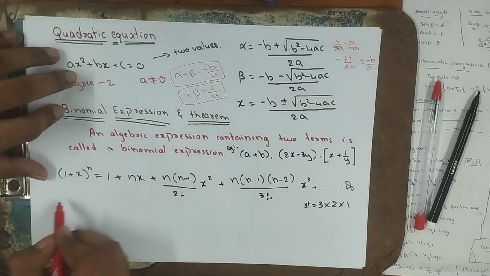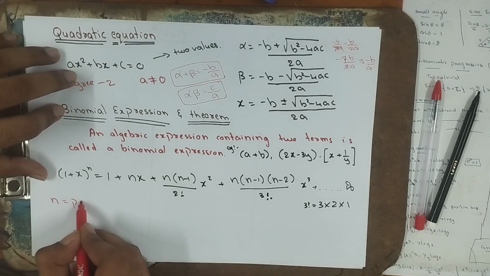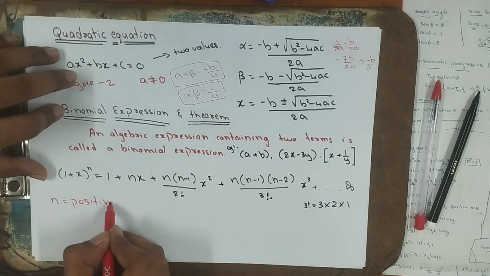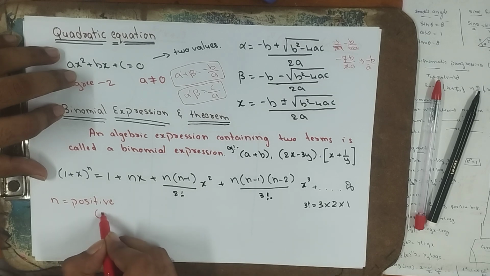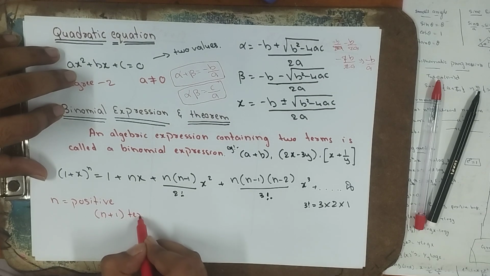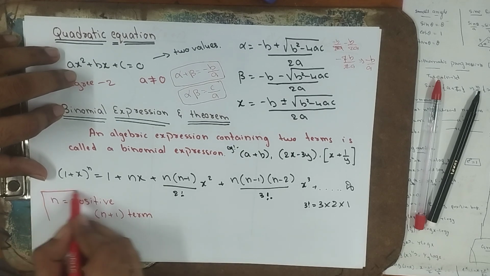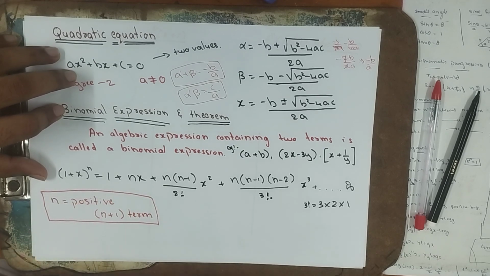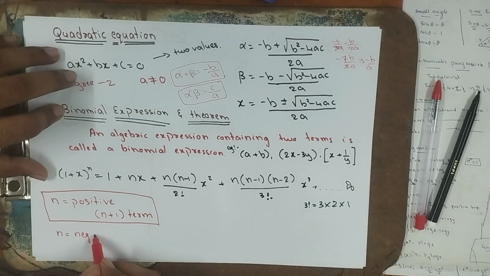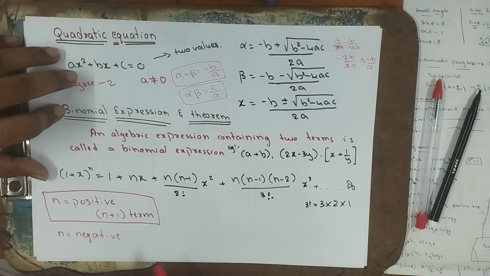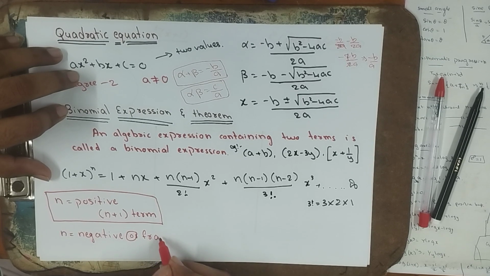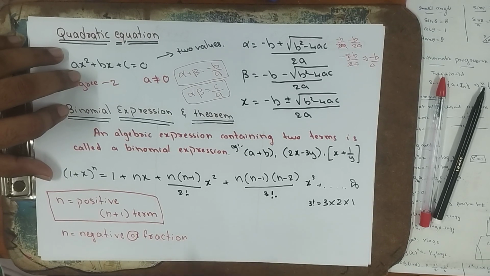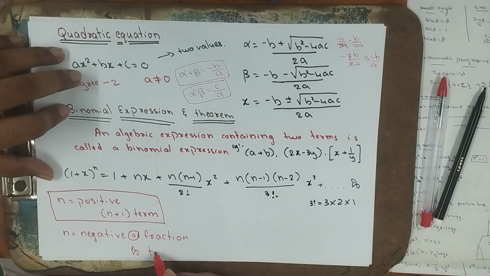See, when your n is positive, then you will have n plus 1 terms. Now if n is negative or a fraction, you will have infinite terms.